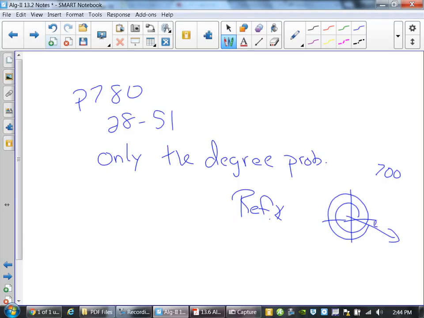It allows you to learn, starting at 700, you can spin it.